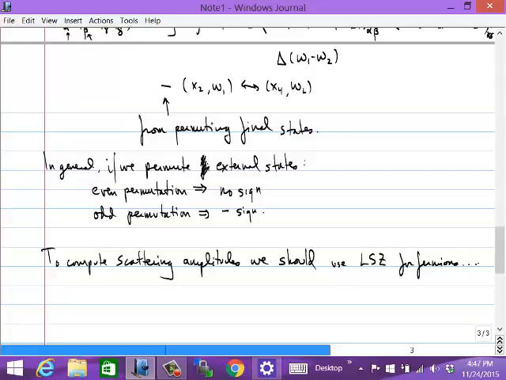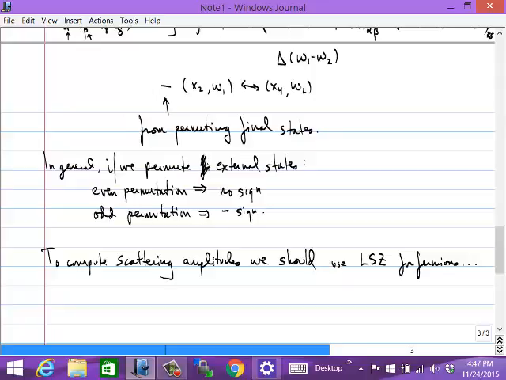But if I were to do so, the argument would go almost exactly as it did with the scalars. So I remind you that the LSZ reduction formula is the trick that we use to extract scattering amplitudes from correlation functions. So you start with the position space correlation functions, whose Feynman rules we've derived. Then you extract from those Feynman rules in momentum space for computing scattering amplitudes.